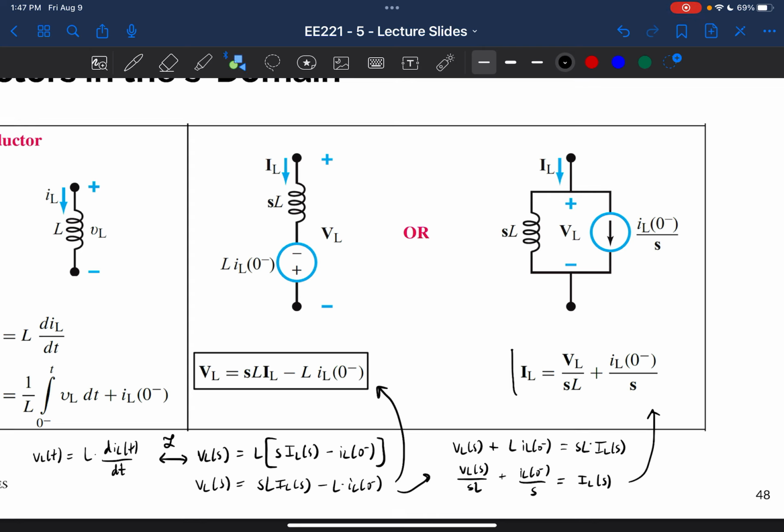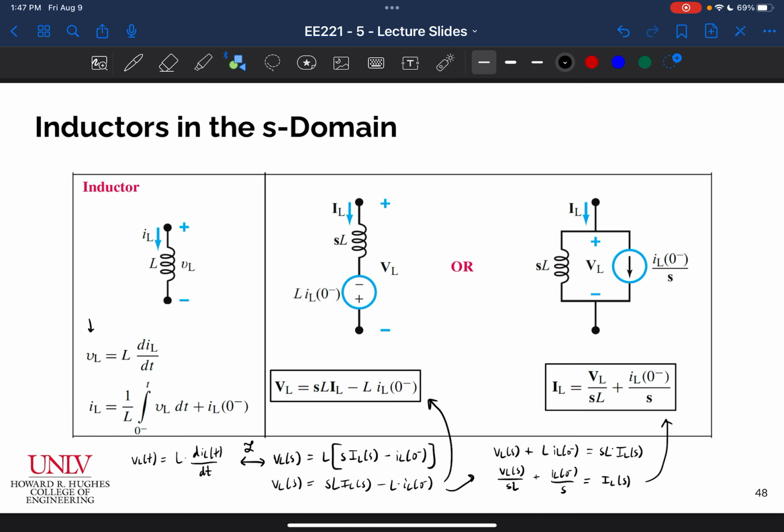You can use either of these models. They are equivalent models. One may make more sense in one case, one may make more sense in another case, but just so you know what's going on here, all we've done is taken this expression for the voltage current relationship of an inductor in the time domain. We've used the time differentiation property of the Laplace transform to convert it to the S domain, that same relationship.